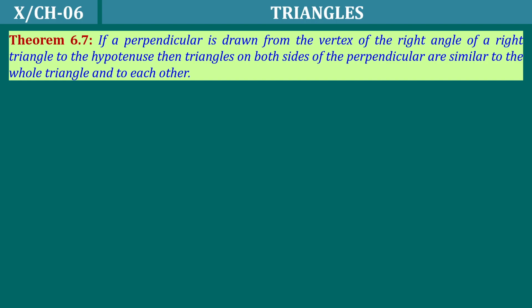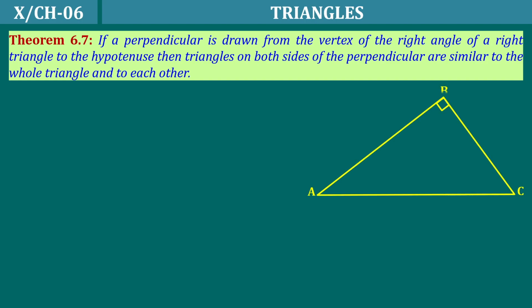What it says: if ABC is a triangle with 90 degrees at B, and we draw a perpendicular on AC from B, that is BD perpendicular, then we get the original ABC triangle.